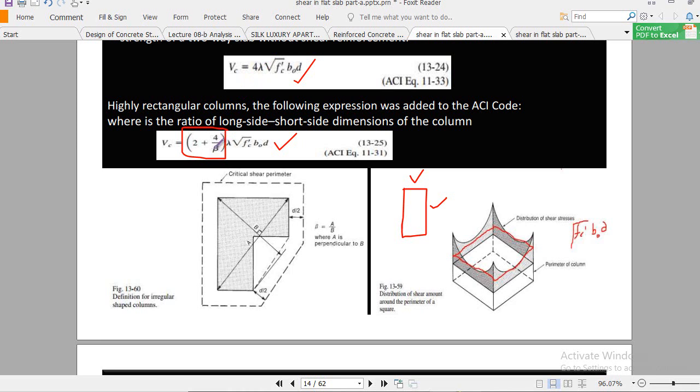But if this value is more than 2, you get a value which is lesser than that one, and then this value will control. Okay, this is very important, and I will share it with you in the example.